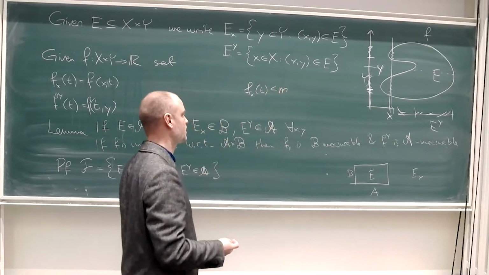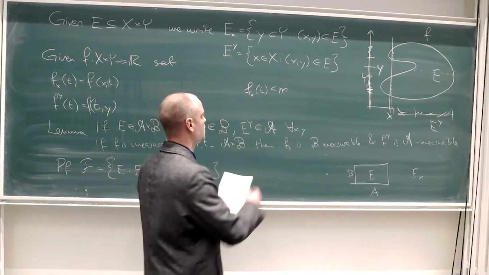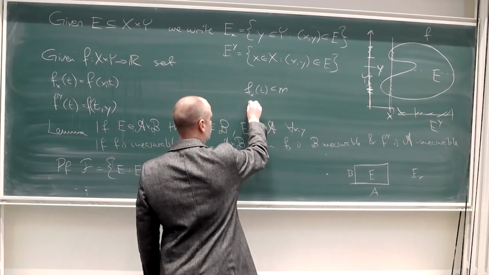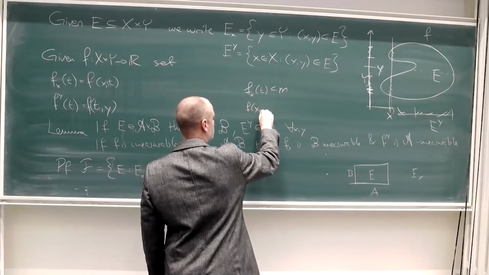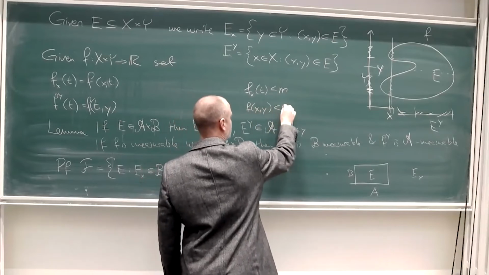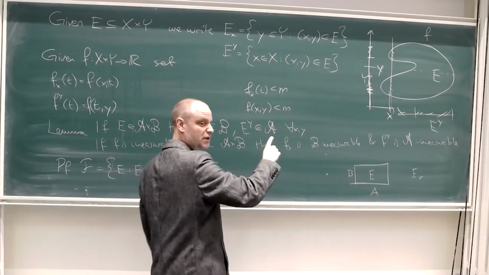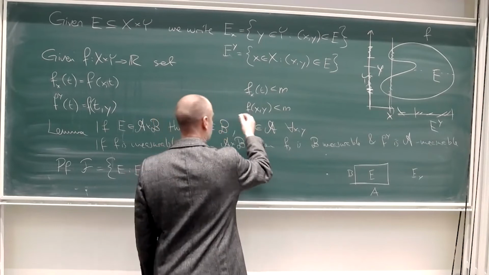We're interested in whether this is measurable or not in the sigma algebra. But then you realize that this is just, if you look at the set f(x, y) less than m, now you get a two-dimensional set.